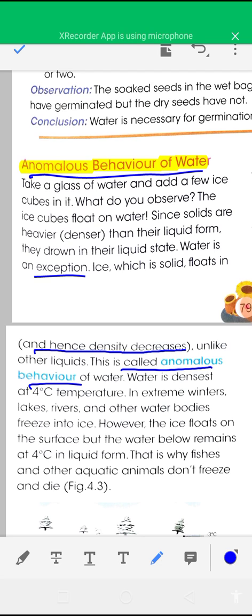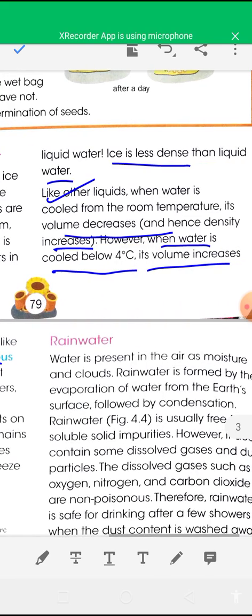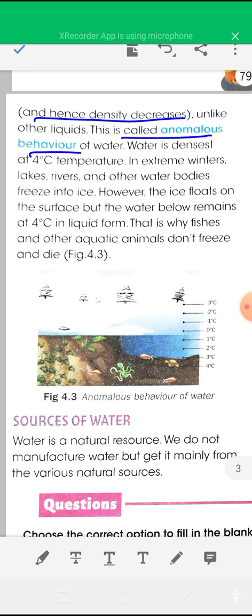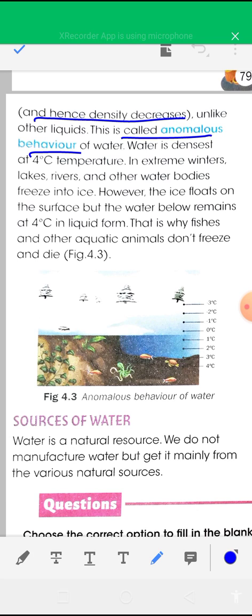Generally on cooling the volume of a liquid decreases, but in the case of water, below 4 degrees Celsius the volume increases and hence density decreases. So the density of water is maximum at 4 degrees Celsius.